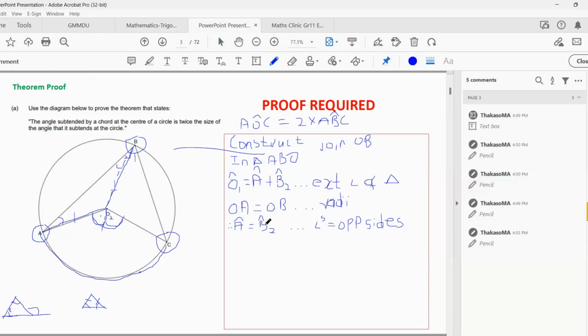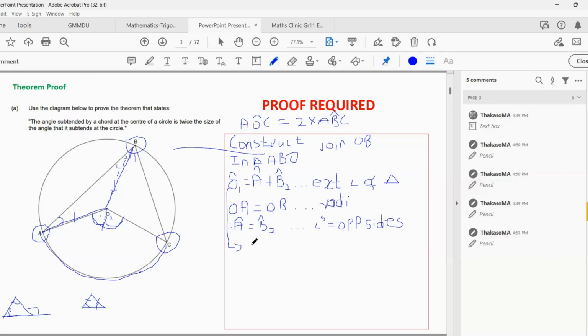All right, and then do notice that we said angle A is equal to B2. So from here, we can substitute angle A for B2.